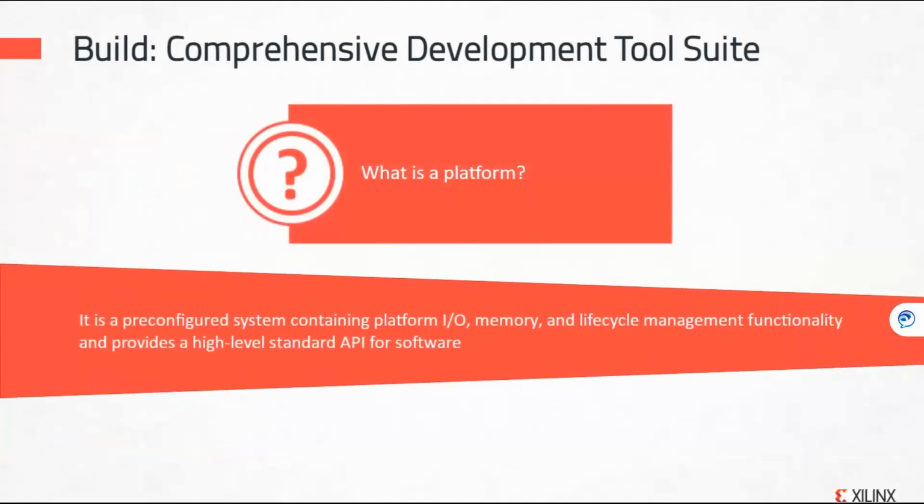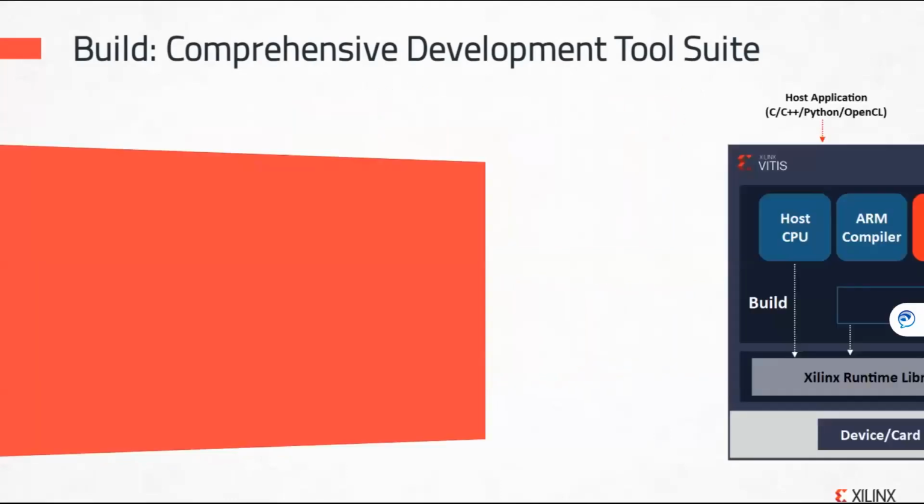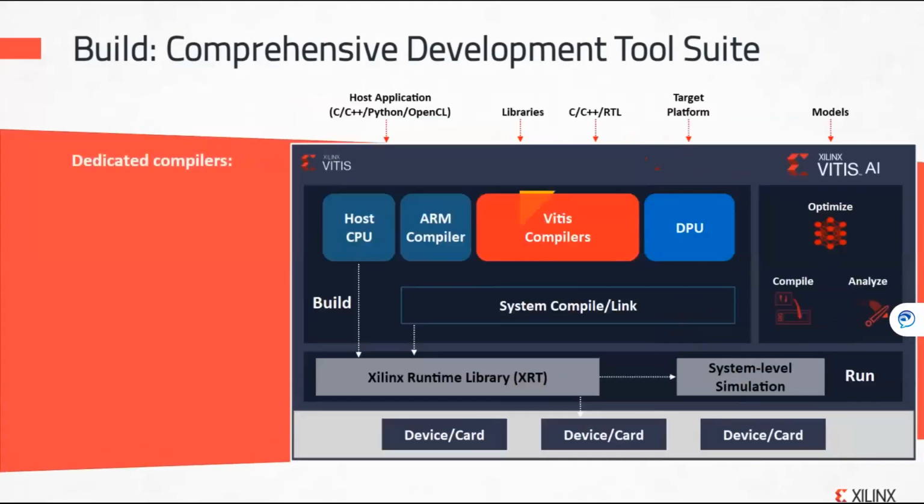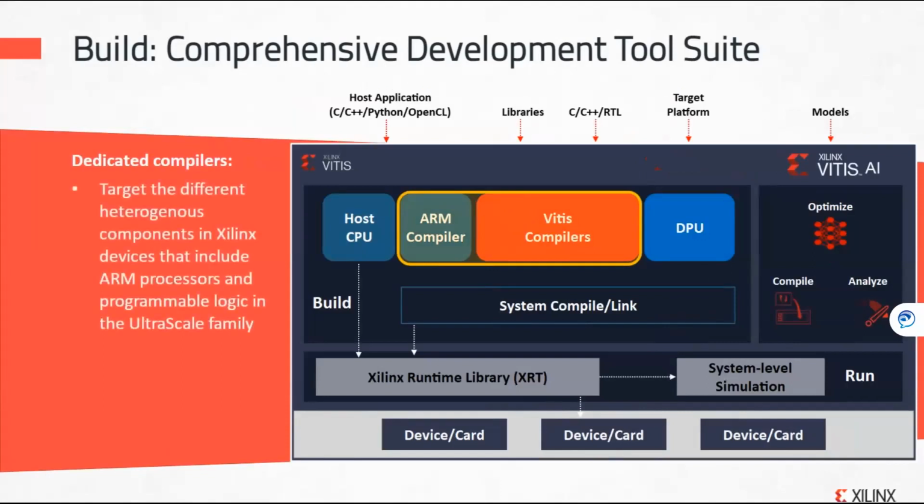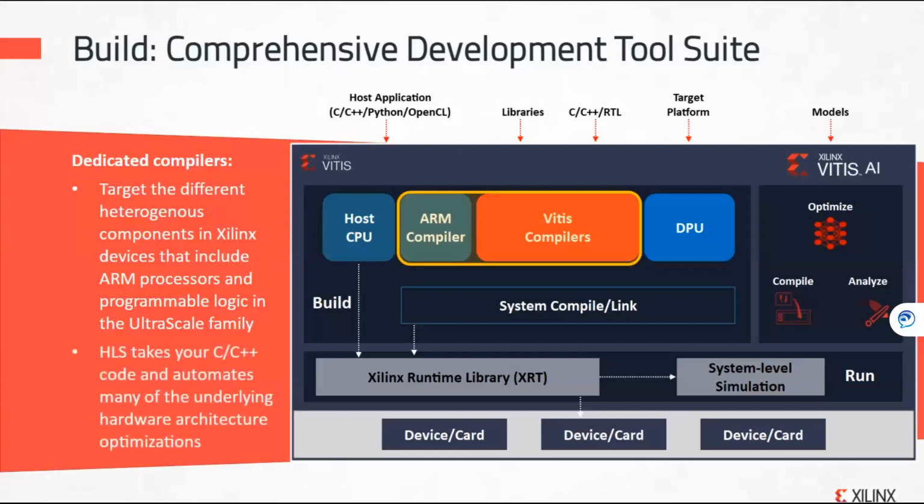A platform is a pre-configured system containing platform I/O, memory, and lifecycle management functionality, and provides a high-level standard API for software. To build an application, the Vitis environment offers dedicated compilers that target the different heterogeneous components in Xilinx devices that include ARM processors and programmable logic in the UltraScale family.